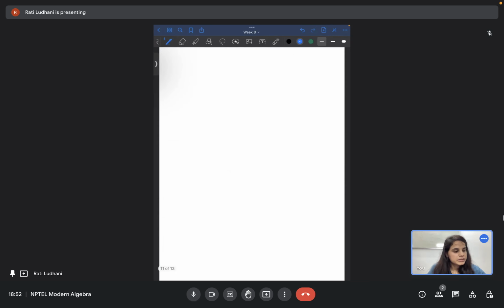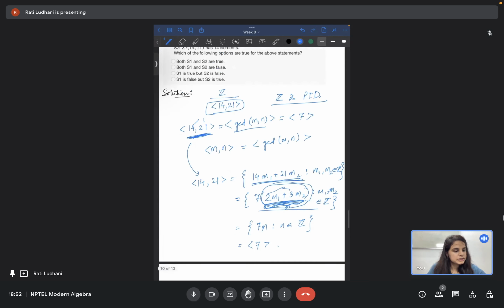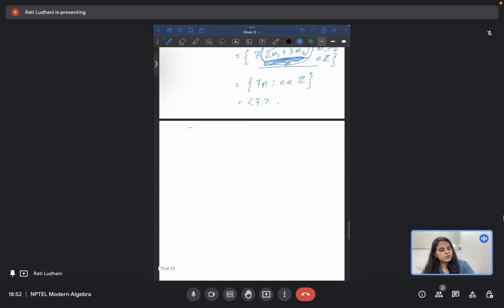Okay, so you have this. So that means you are actually talking about Z mod 7Z, and that, if you know, is just Z7, because what you are doing is erasing all the multiples of 7.